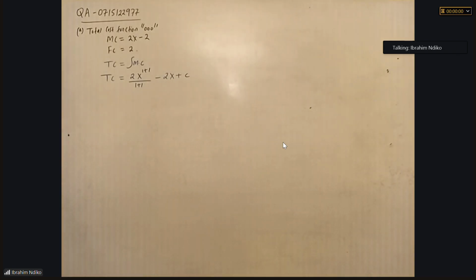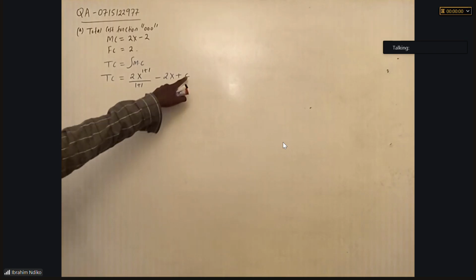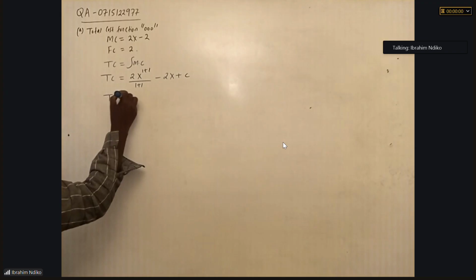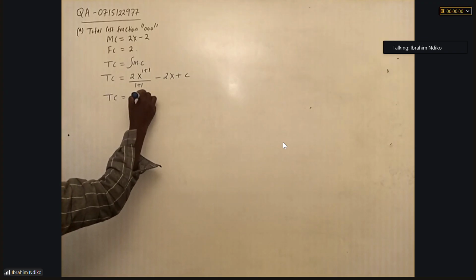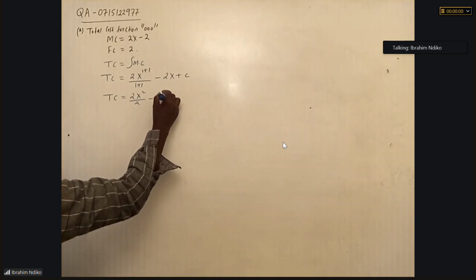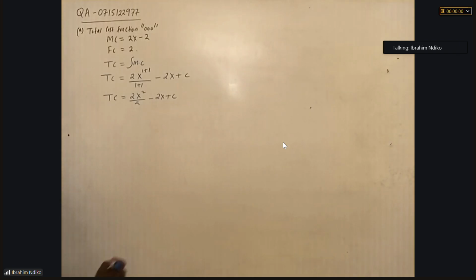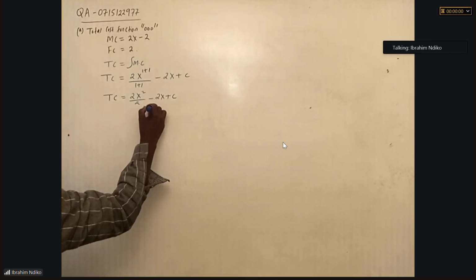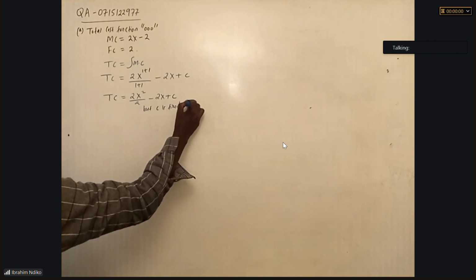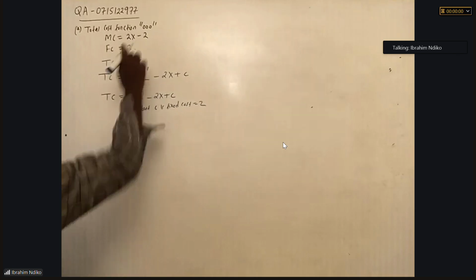Remember, our c is the fixed cost. I hope you know how to integrate, but we did it in our previous class. 2x squared over 2 minus 2x plus c. But c is the fixed cost, which is 2 in our case.